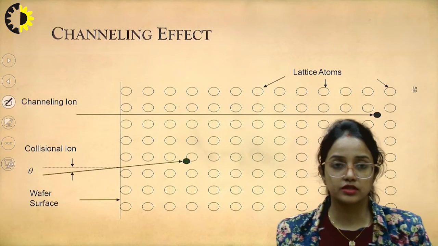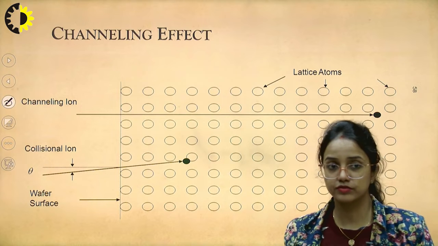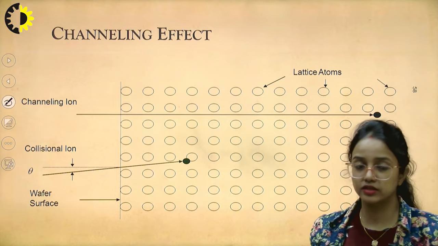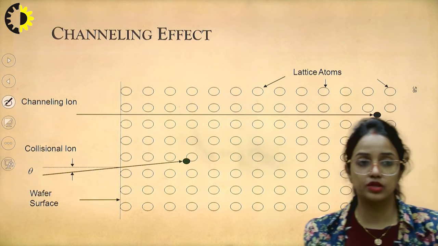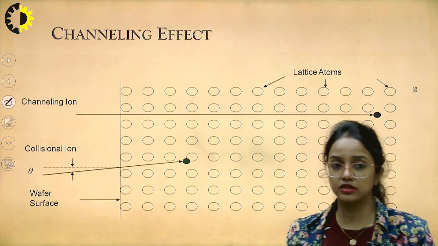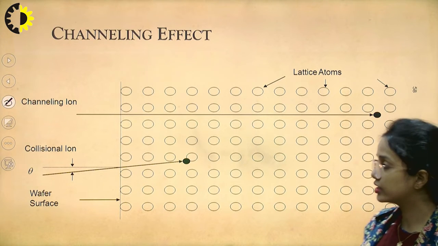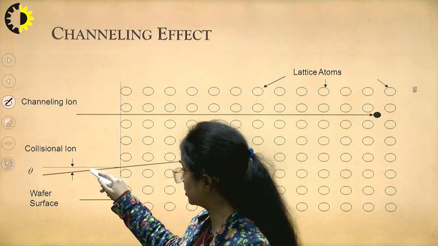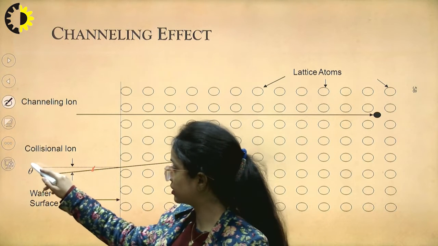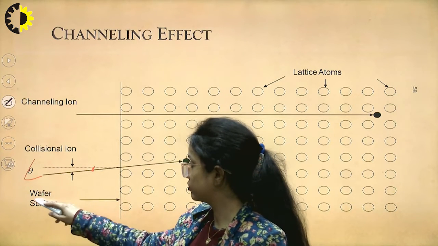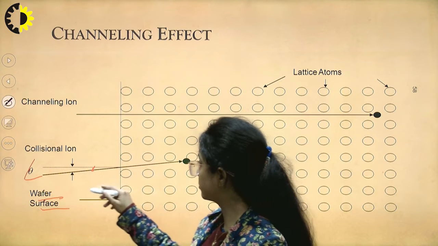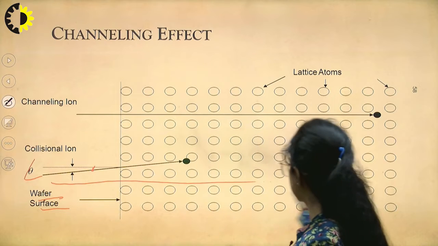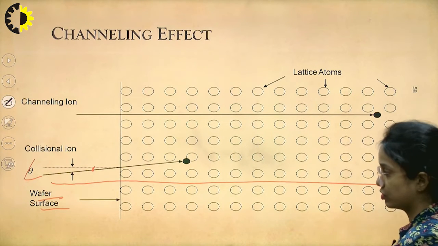Next is the channeling effect. In this channeling effect, we can see the channeling ion and the collisional ion and the change in the orientation; the misalignment is here. You can see some angle, and that angle is theta. The wafer surface is there. If the angle remains like this, a straight line, there is no collision.